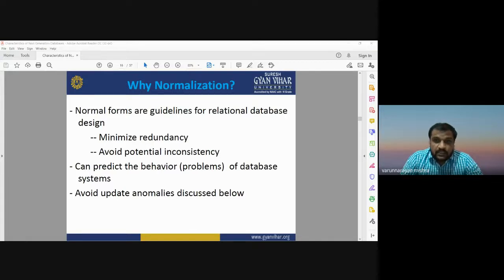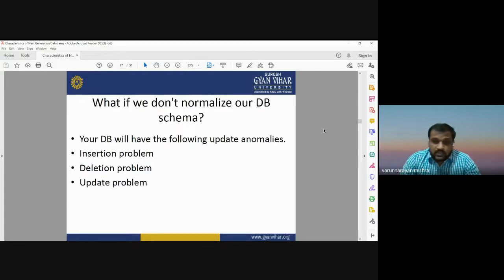When we update our database, there may be some anomalies, and these anomalies can be avoided by the normalization process. So it's very important in a database management system, and we should apply the normalization process for any kind of database to avoid data redundancy and data inconsistency. Okay. So what if we don't normalize our database schema?